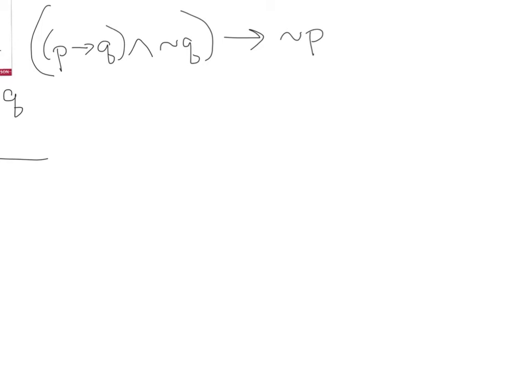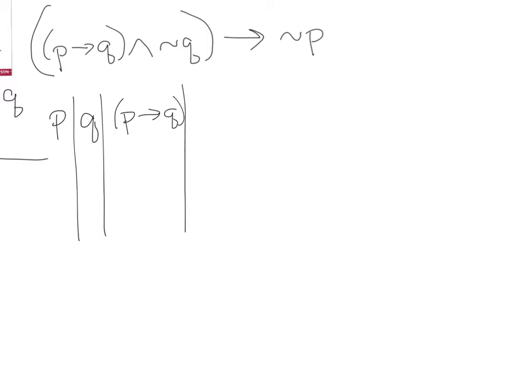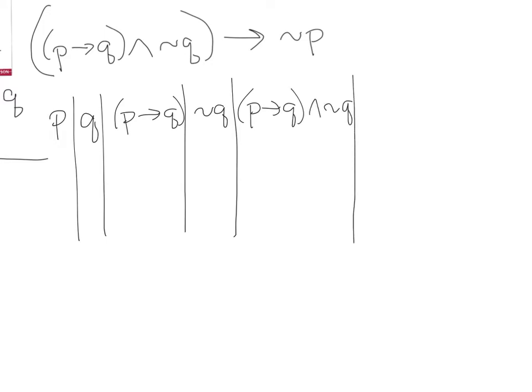So we only have 2 statements. We have statement P. We have statement Q. We are also going to need an if P then Q. We are going to need a not Q. We are going to need an if P then Q and not Q. And then we are going to do a not P. And then last we'll pull it all together.